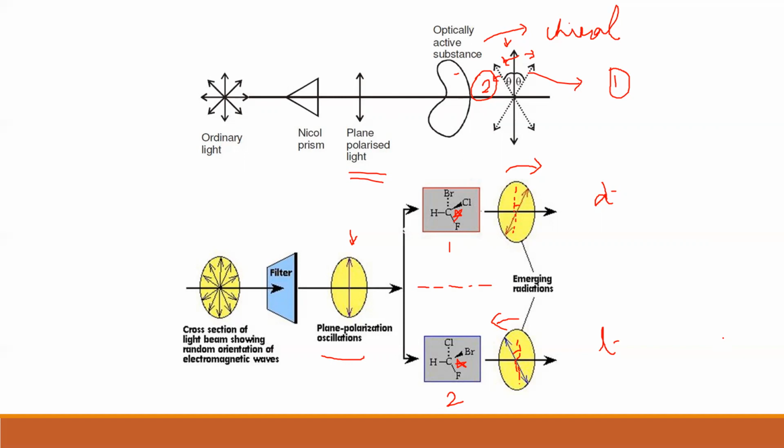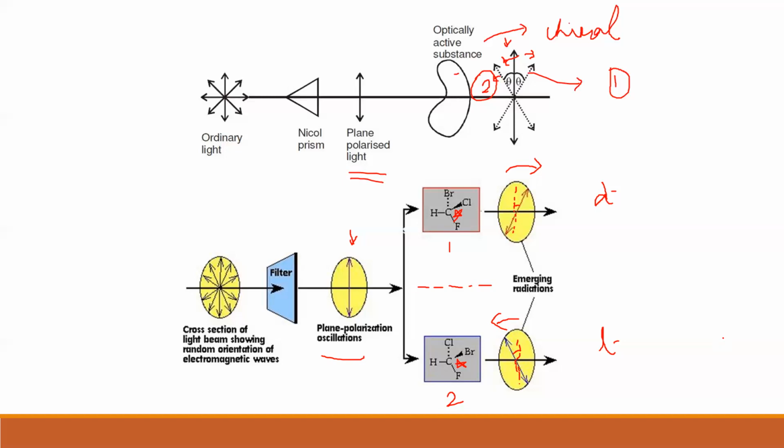And what is the role of enantiomers? One enantiomer will rotate the plane of plane polarized light to the right. Such an enantiomer is called a dextrorotatory isomer, and the other isomer, which will rotate the plane of the plane polarized light to the left, is called levorotatory.